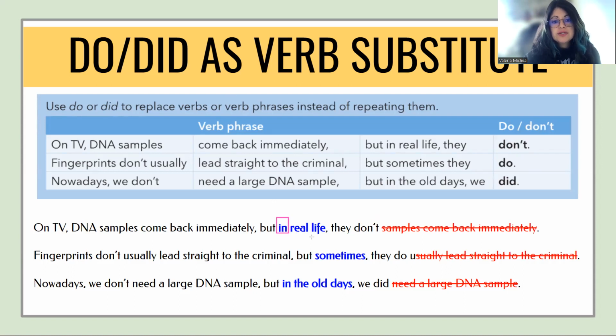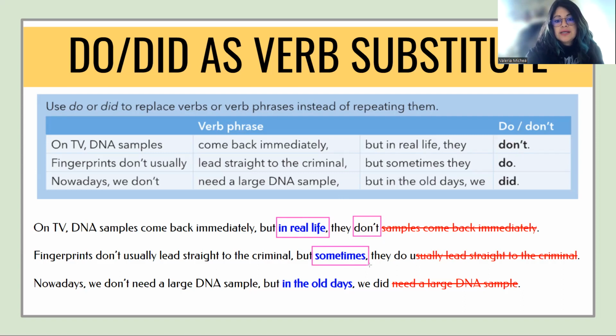Because of the phrase that you are using right before the auxiliary verb. In real life means generally in life. Since it's generally, it has to be in the present simple. It didn't happen in the past. It's in general life, this happens. Or this actually doesn't happen, all right? So that helps you realize whereas it is the past or the present.